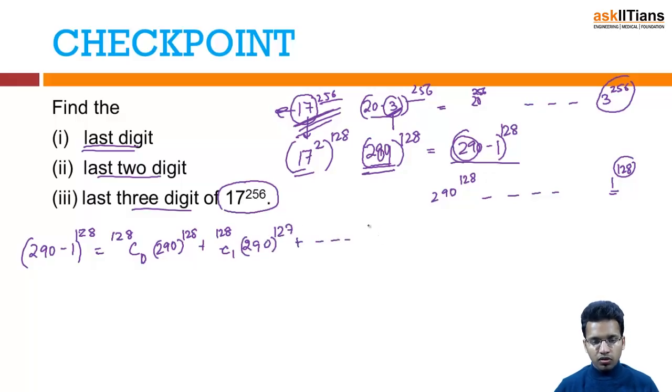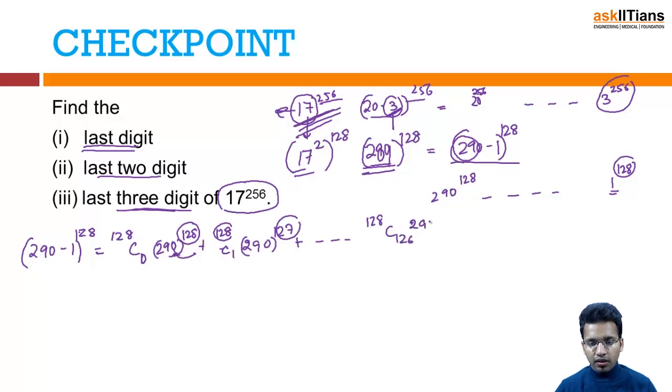Now this will go up to 128. Let us write the last 3 terms because we are concerned with the last 3 digits. As you can see, the first term will have 128 zeros, obviously not of use. This is having 127 zeros, again not of use.